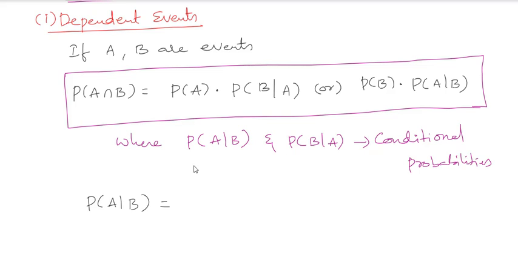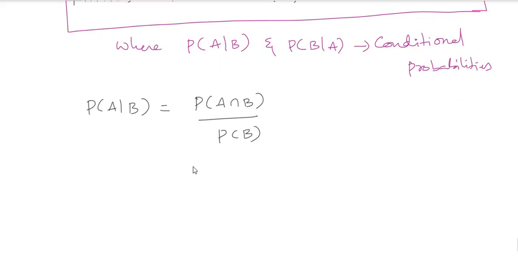See, this is the part. Probability of A intersection B is equivalent to probability of B into probability of A given B. From that, probability of A given B is equivalent to probability of A intersection B divided by probability of B. Similarly, how can I write probability of B given A?